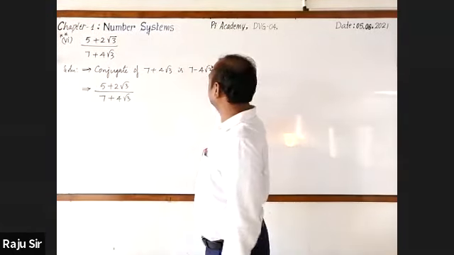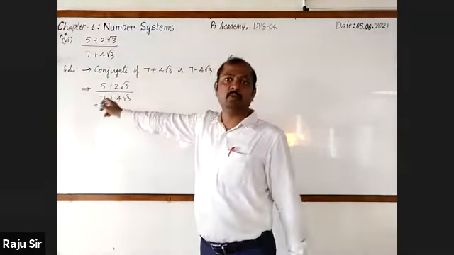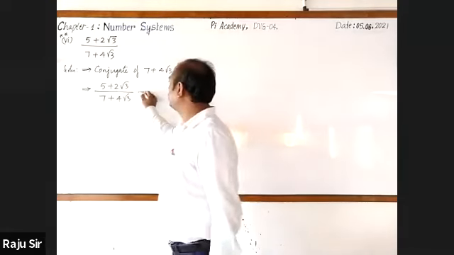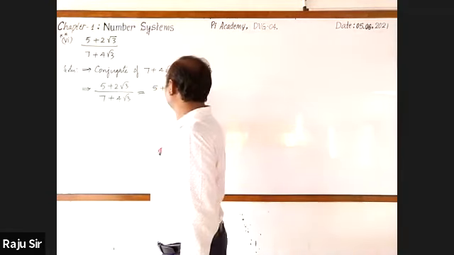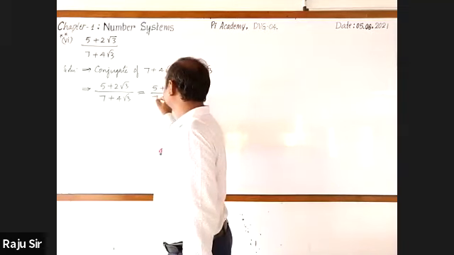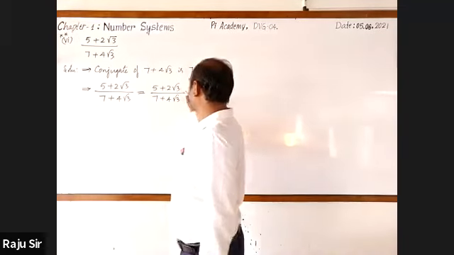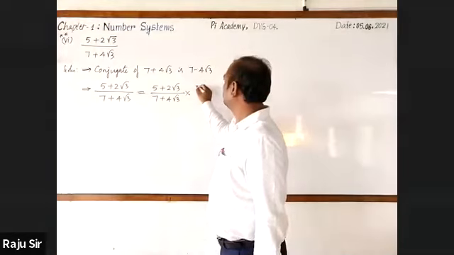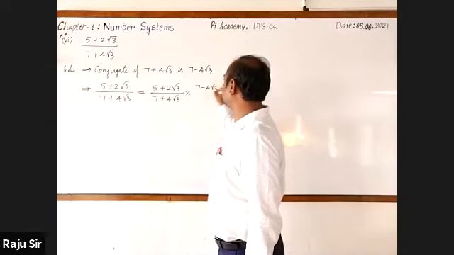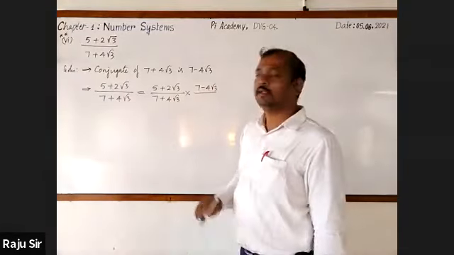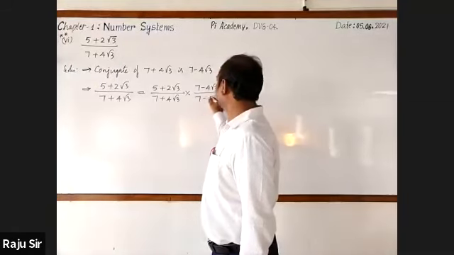Without affecting, this conjugate should be multiplied to the numerator and denominator: multiply 7 minus 4 into root 3 to the numerator as well as to the denominator.